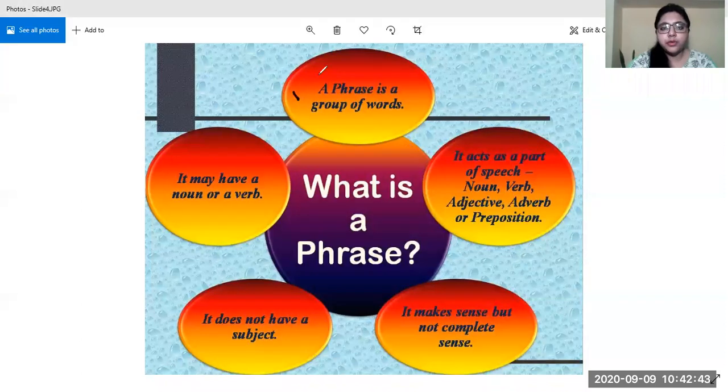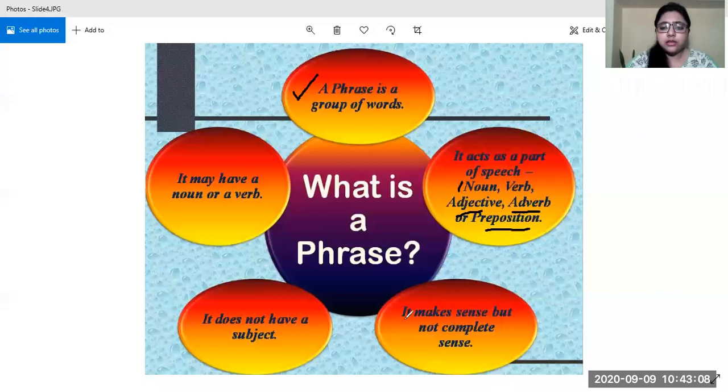Then that group of words acts as a part of speech, be it a noun, a verb, an adjective, or a preposition. So this phrase can be a noun phrase, a verb phrase, an adjective phrase, an adverb phrase, or a prepositional phrase.